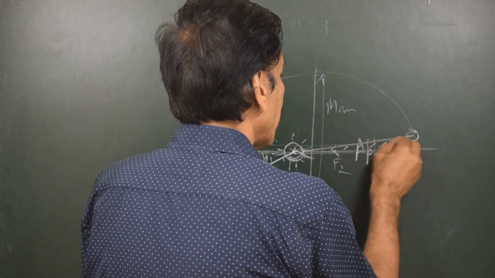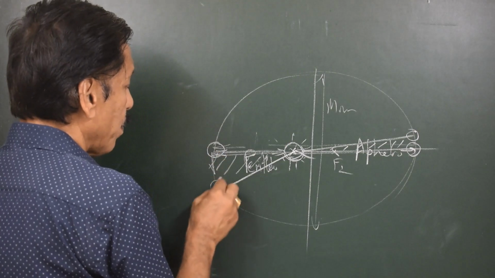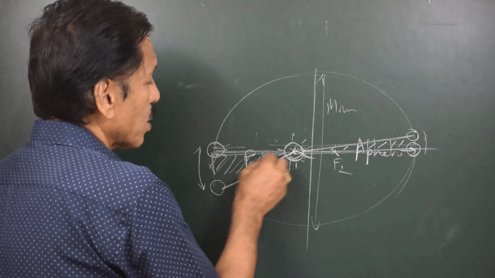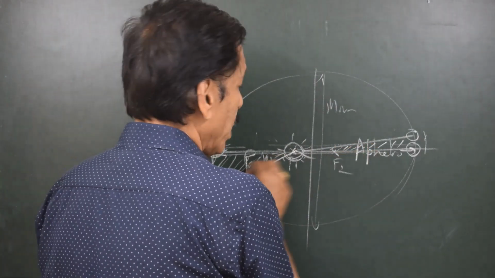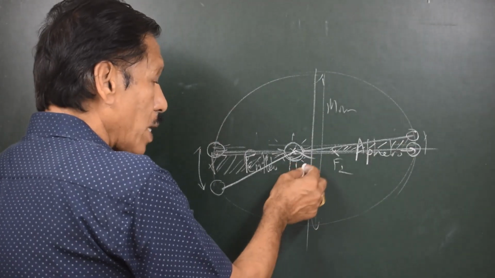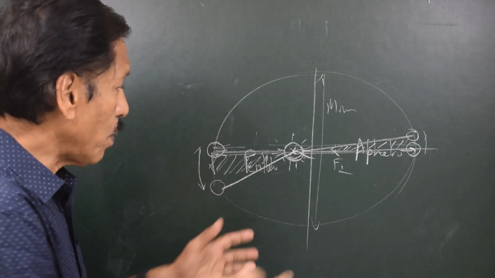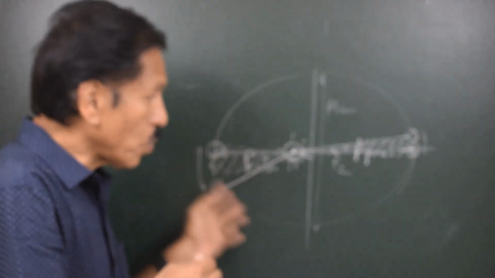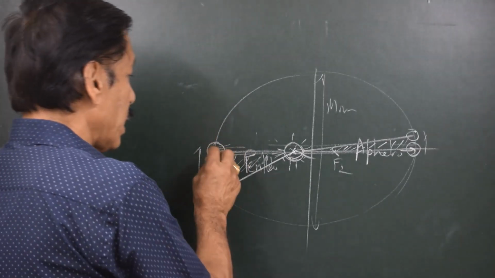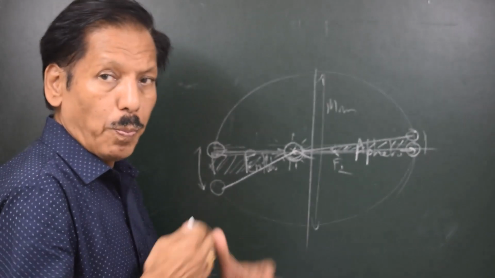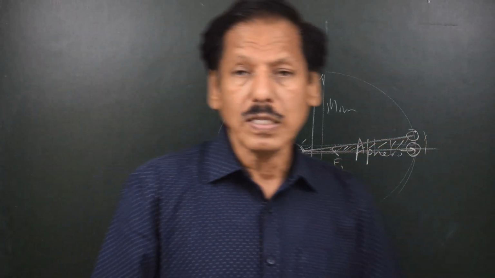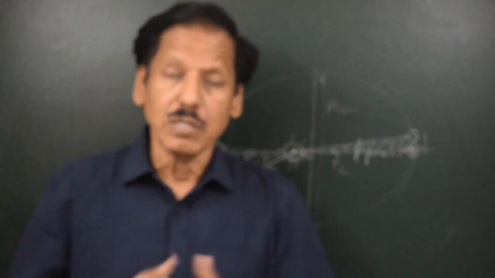So if the planet moves from here to here, and this period is the same as this period, then the area described by the radius vector over here would be the same as the area over here, and likewise in any other position. So wherever the Earth goes, it will describe the same area, which also means that when the Earth is closest to the sun, the speed is maximum, and when the Earth is furthest away from the sun, the linear speed is minimum.